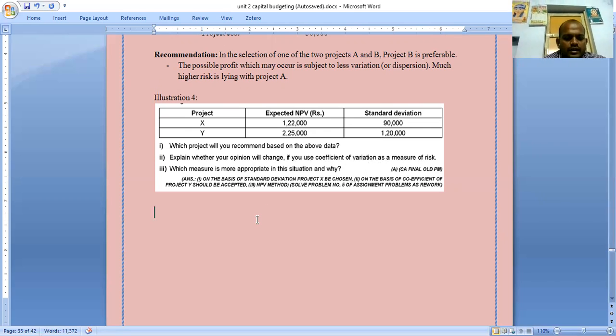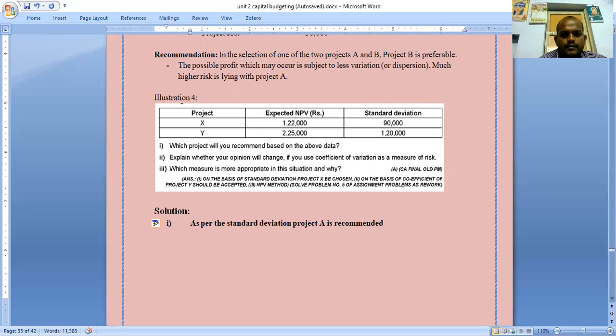So let us calculate. Solution. One, as per the standard deviation, project A is recommended, as it has lower standard deviation.